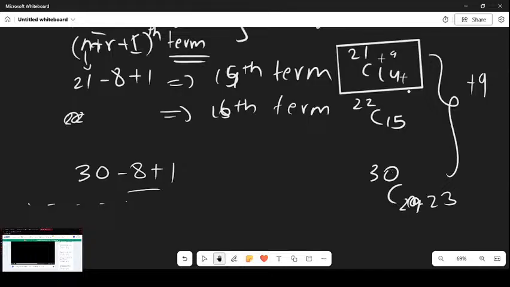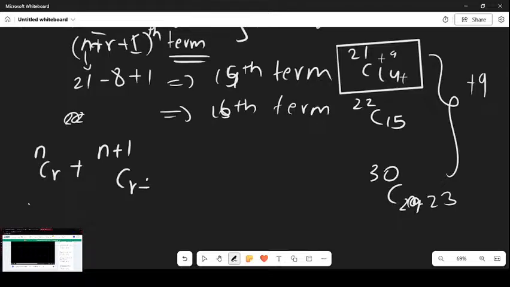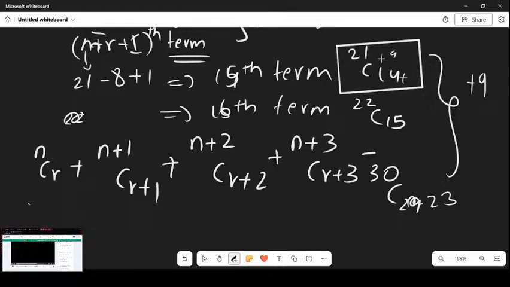So it is basically in the form of nCr plus n plus 1 Cr plus 1, n plus 2 Cr plus 2, n plus 3 Cr plus 3, and so on.